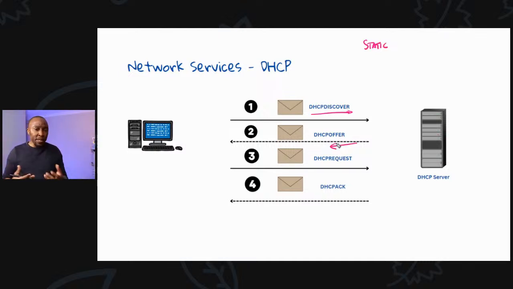The DHCP server looks at its own pool and discovers that it's got free IP addresses. It then makes an offer which it sends through a DHCP acknowledgement.